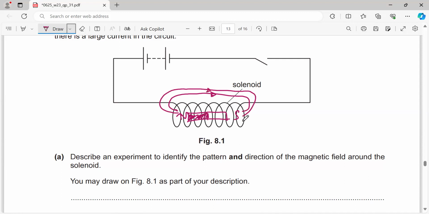Yeah, like this. Okay. From north to south.